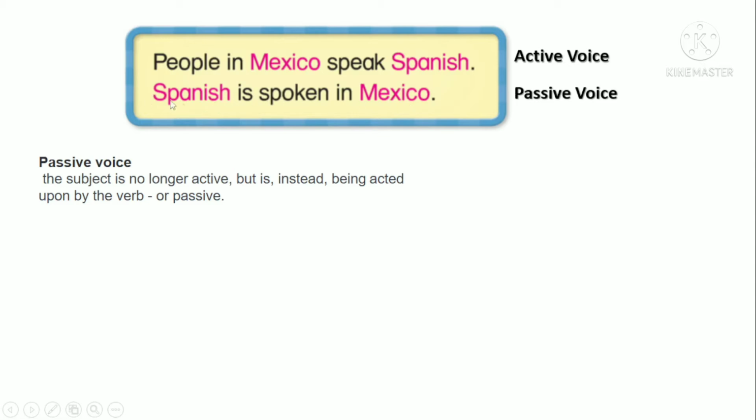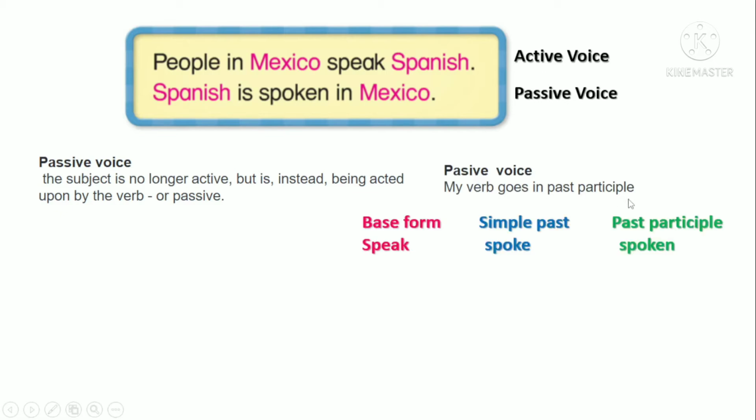Here, Spanish is not performing the action. Spanish is not the doer of the action. So that's why it's passive voice. In passive voice, all the verbs go in past participle. Remember, speak, spoke, spoken.